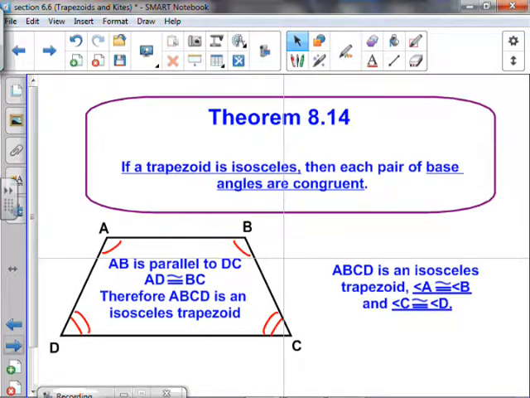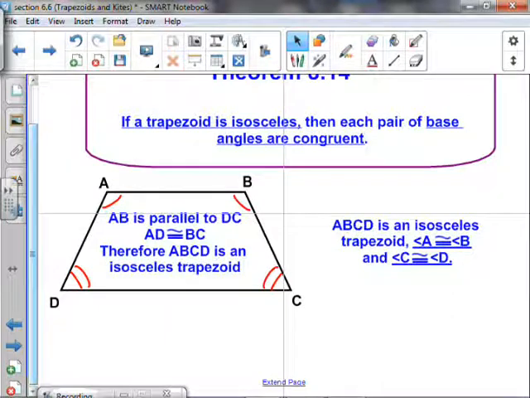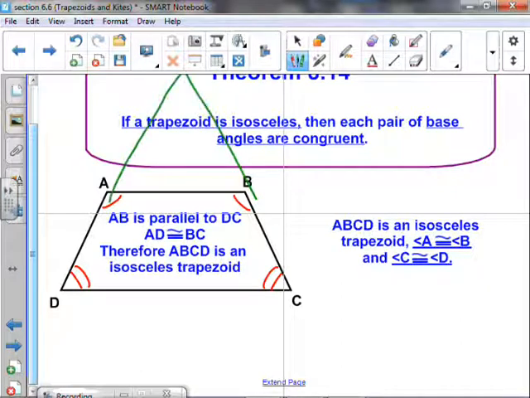We've got theorem 8.14. If a trapezoid is isosceles, then each pair of base angles are congruent. Those of you who are real familiar with your theorems from triangles probably recognize this, because in a triangle, if you had an isosceles triangle, then you knew that both pairs of base angles were congruent.